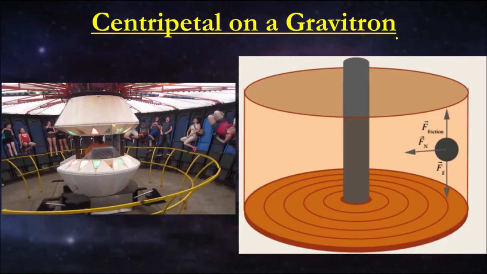All right, so we have one additional scenario that we can talk about. We also discussed this in one of the previous lessons, and that's centripetal force acting on a gravitron. So we talked about, for this scenario, that we have gravitational force pulling you down. The reason why you're not falling down is because when you're attached onto the surface, the friction force is opposing the motion going down. Now, a lot of people might confuse this as the normal force.